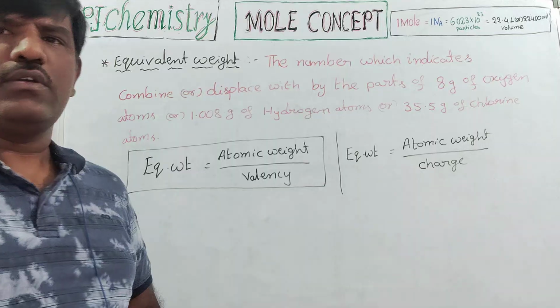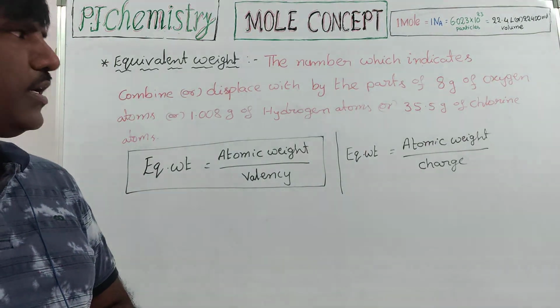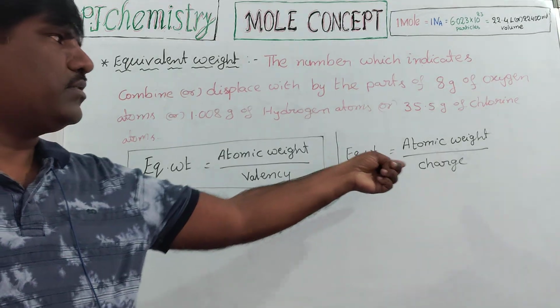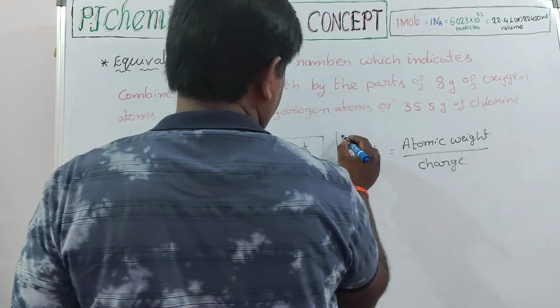For example, the sodium ion Na+: sodium atomic weight is 23, the charge is plus 1, so the charge is 1. Like that.